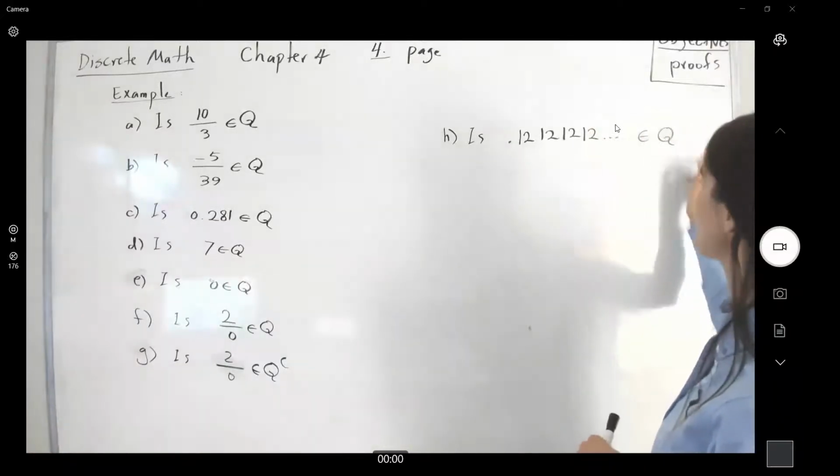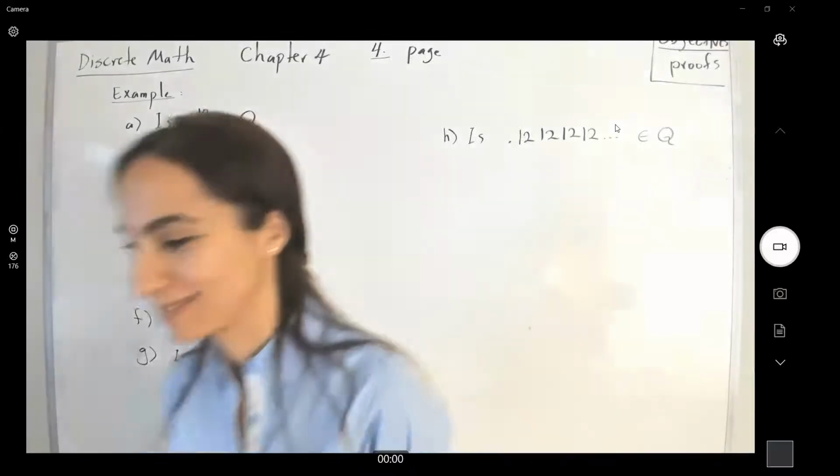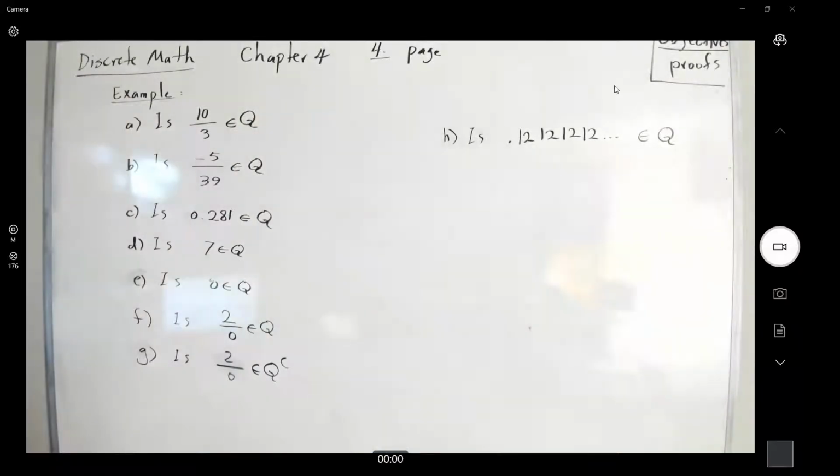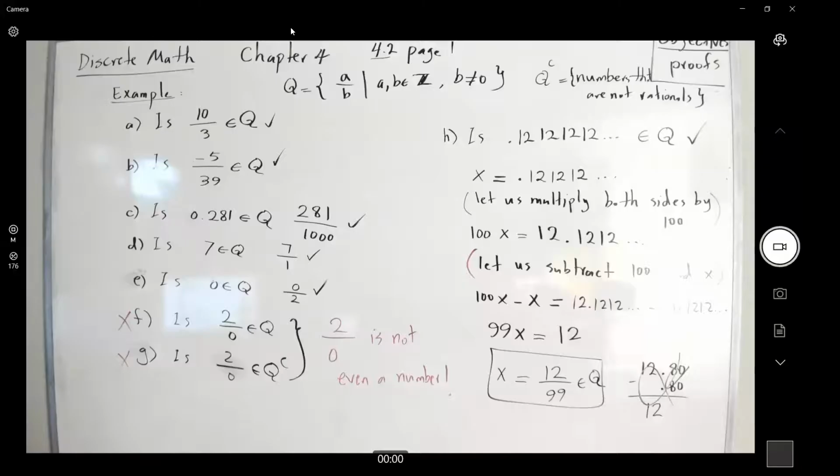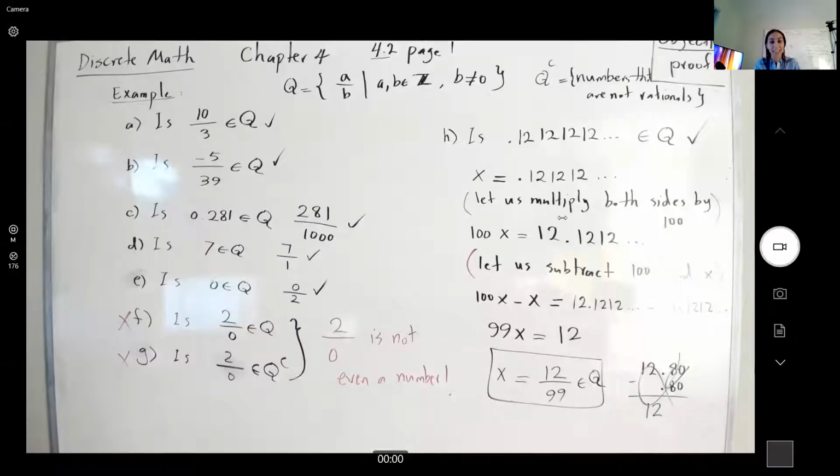Is it a rational number? Isn't that fun? Yes, it is very cool. So we try to find repeating patterns, something that actually helps us work with these types of numbers.